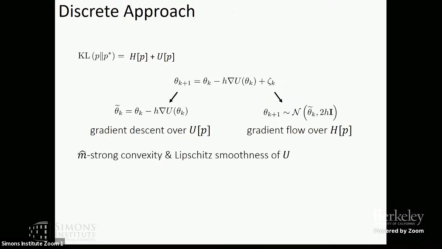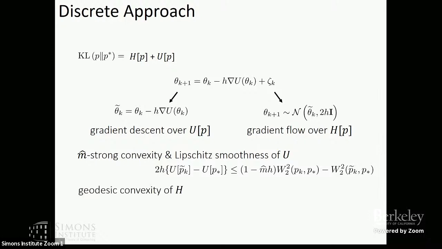And then, if let's say U is strongly convex and Lipschitz smooth, you have the classical result from optimization, right? Because the left-hand side is bigger than or equal to 0, you have exponential convergence if you iterate. And for this H function, this self-entropy, because you have geodesic convexity, you also have something the same as in the optimization literature.